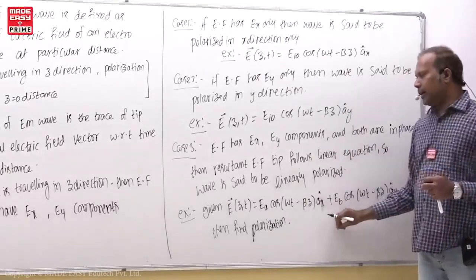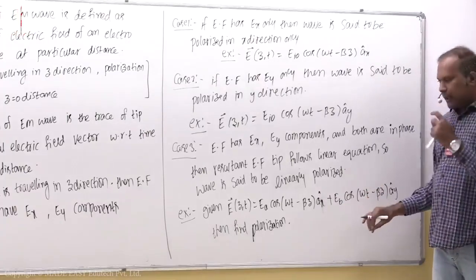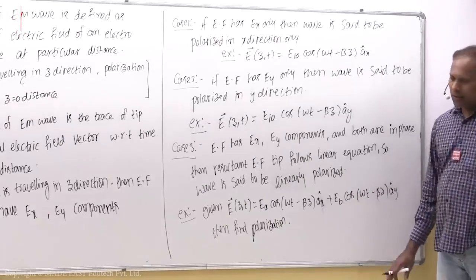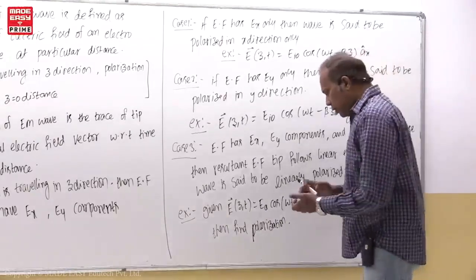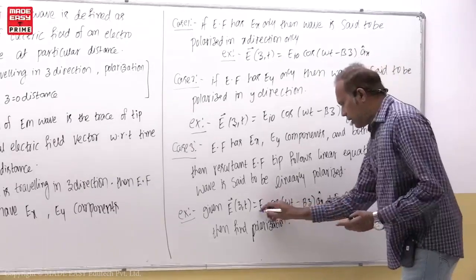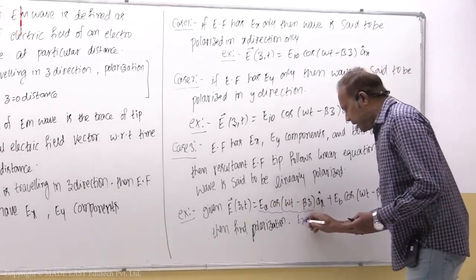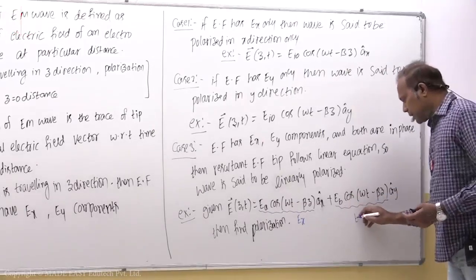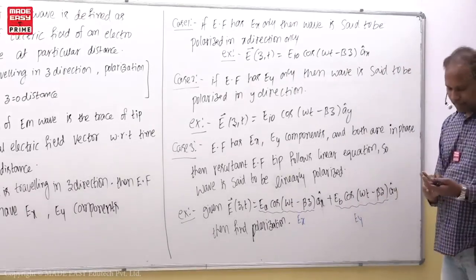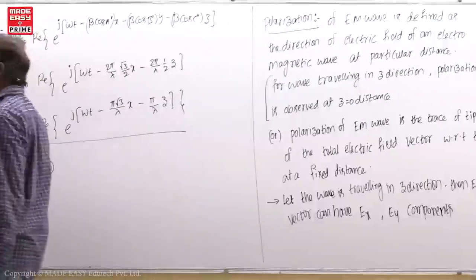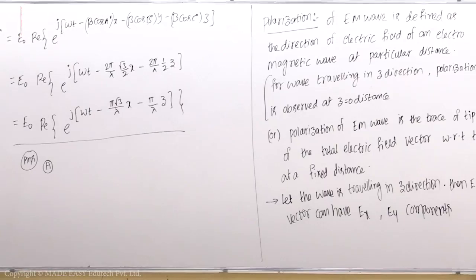Then the electric field tip follows a linear equation. I will solve this one, you will understand that. Beside ax whatever is there is called the electric field X component, and beside ay whatever is there is called the electric field Y component. Now let us write them here.